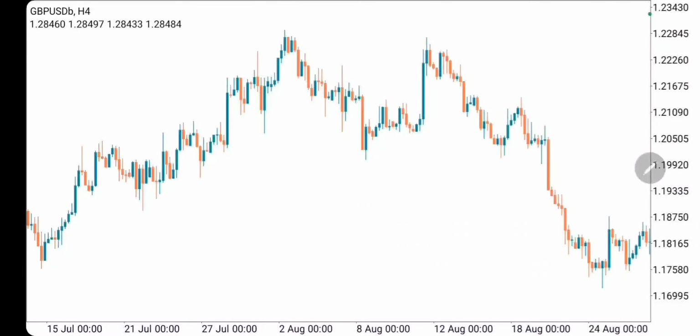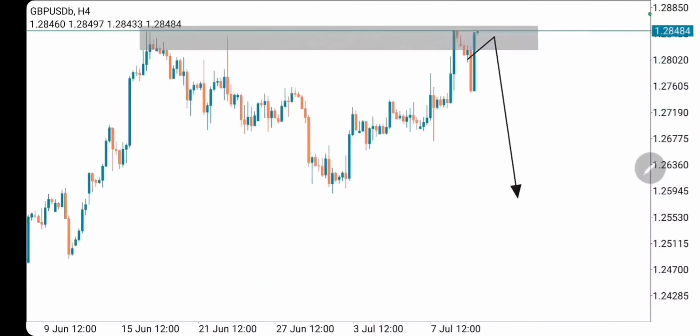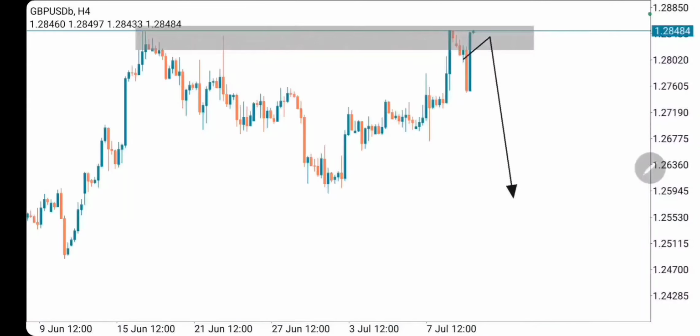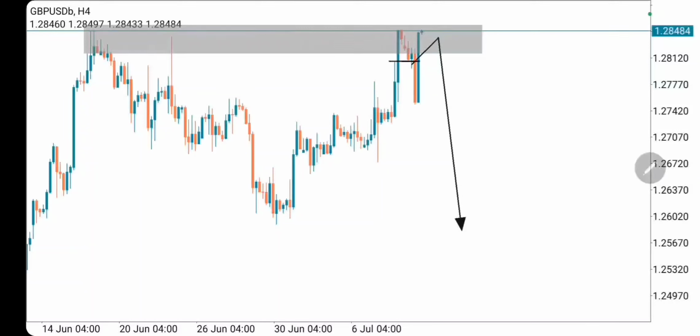For example, today I've shared this setup on GBP USD, and we are monitoring it. Here we are looking for some form of entry confirmation before we can get into this trade. The market has bought up to this point, and now we have some form of break of structure right here.